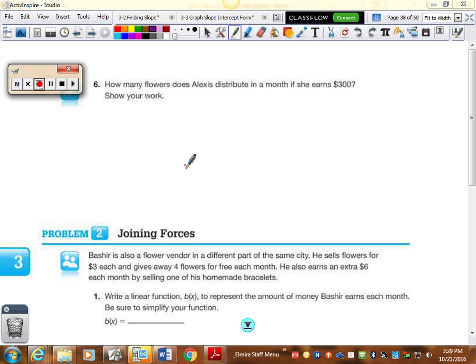Okay, then we got another substitution. How many flowers does Alexis distribute in a month if she earns $300? So again, same formula. A of x equals 5x minus 10. However, we're going to sub in 300 for A of x. Because this time it's not the flowers, it's not x, it's the money.